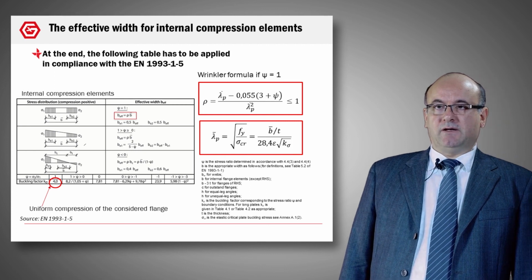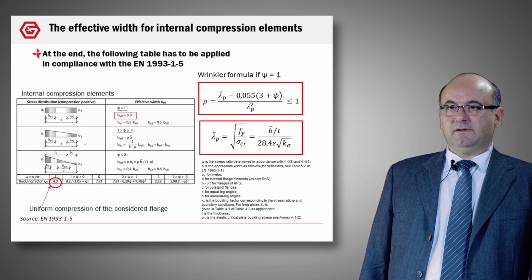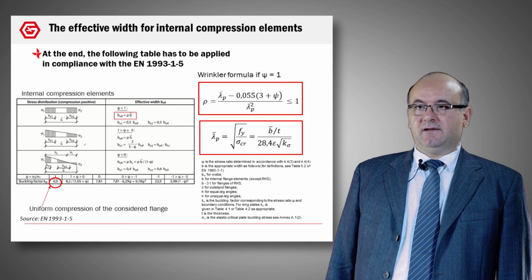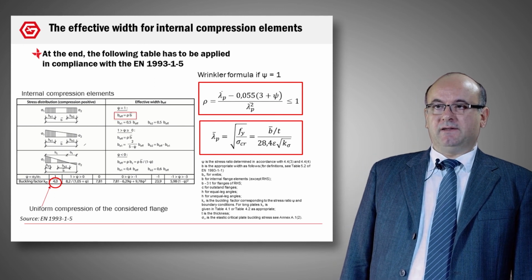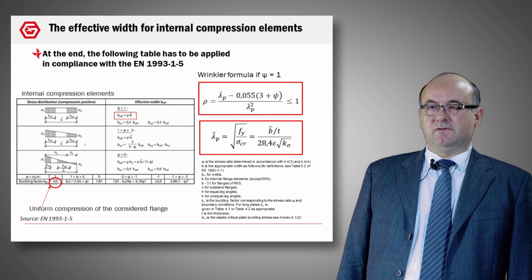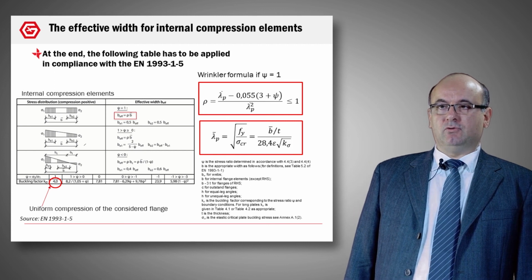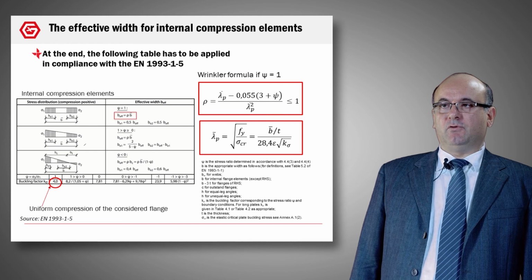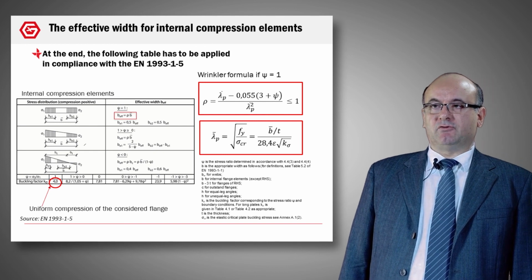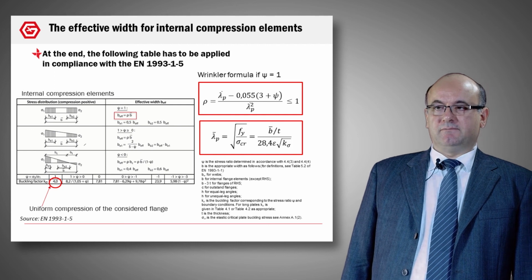You can see that sigma 1 is equal to sigma 2, and in this case psi is equal to 1. In this case B effective is equal to rho multiplied by B bar, and BE1 and BE2 are equal to 0.5 multiplied by B effective. On the right, you have the value of rho and lambda p bar that we have demonstrated in the previous slide.